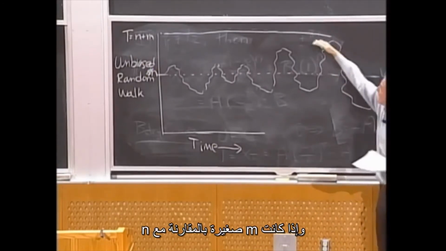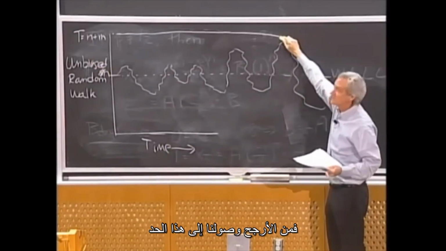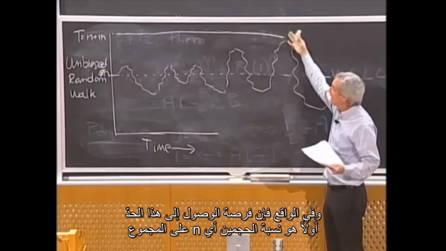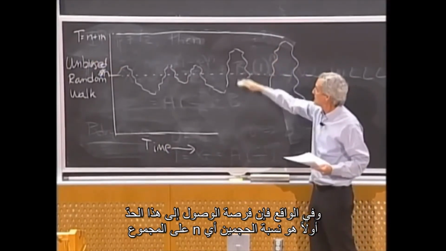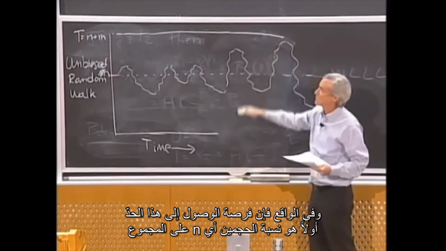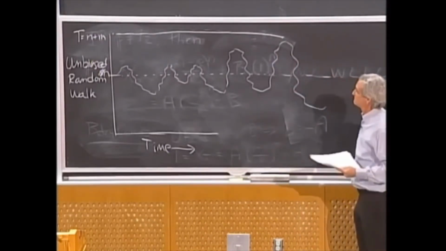And if m is small compared to n, we're more likely to hit this boundary. And in fact, the chance we hit this boundary first is like the ratio of these sizes. It's n over the total. There's a chance that we hit that one first.